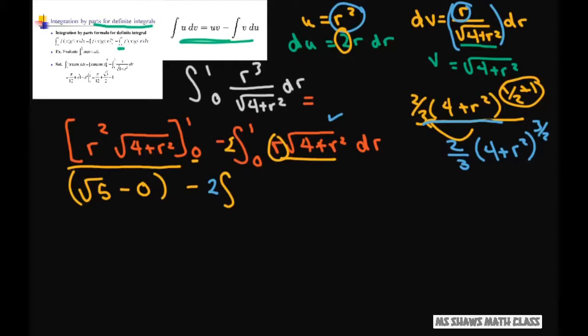Now this is going to be 2, and then we have our 2/3 times 4 plus r squared to the 3/2.